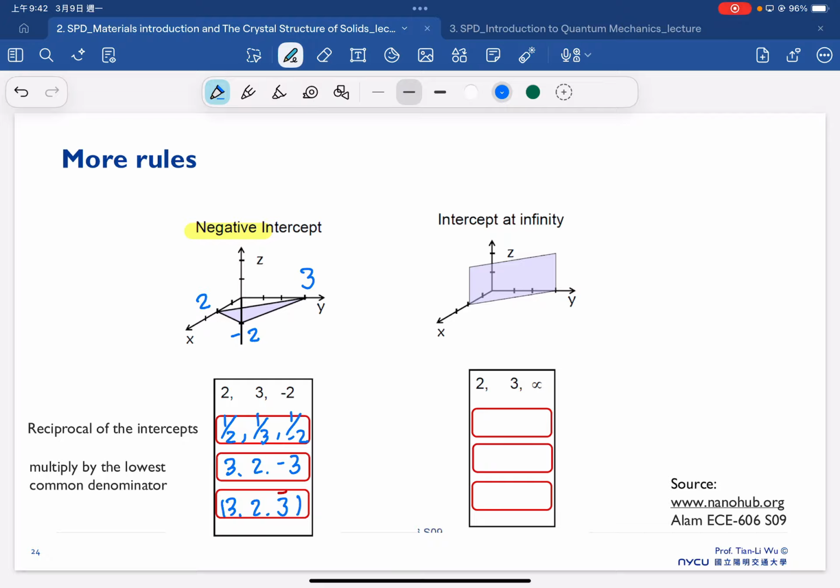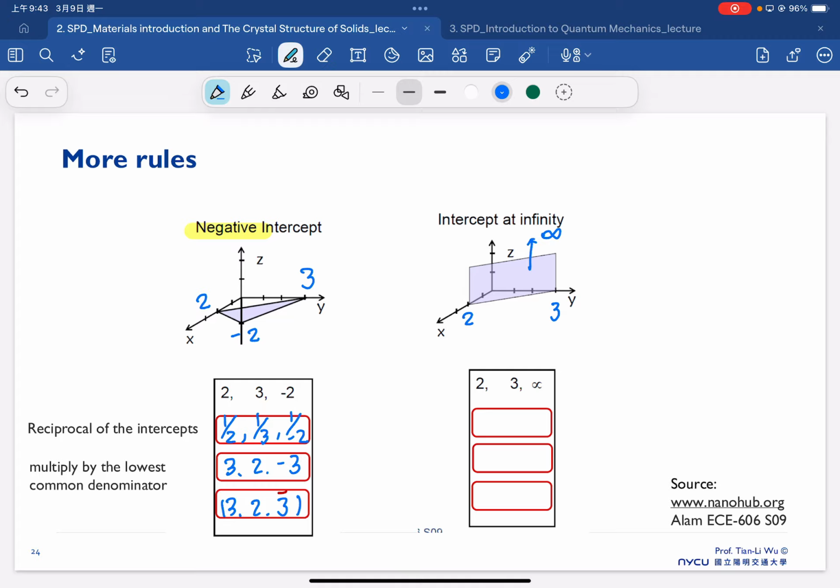The next case we will also see very often is a plane whose intercept approaches infinity. For example, in this right-hand side case, we have an x-intercept of 2 and a y-intercept of 3. But along the z-axis, this plane is parallel with the z-axis, so the intercept approaches infinity.